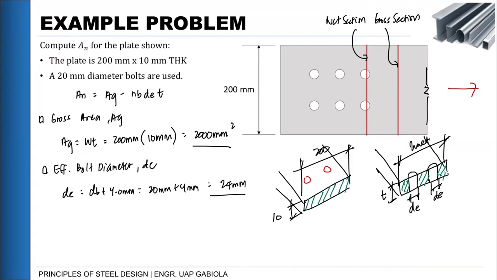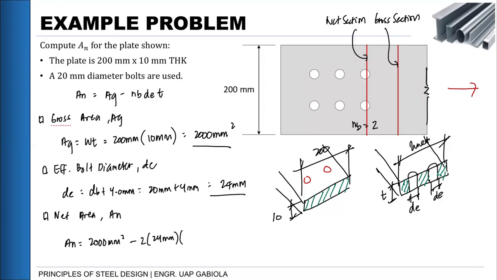Okay? So, para makuha yung net area, AN. So, AN will now be, gross area natin is 2,000 mm squared minus number ng bolts. So, ito yung tatamaan niya, 1, 2. So, NB natin is equals to 2, yung tatamaan niya. So, that is 2 times yung diameter effective natin na 24 mm.